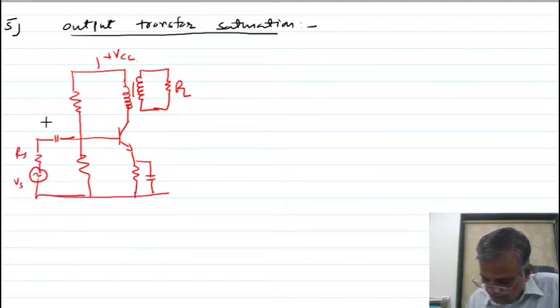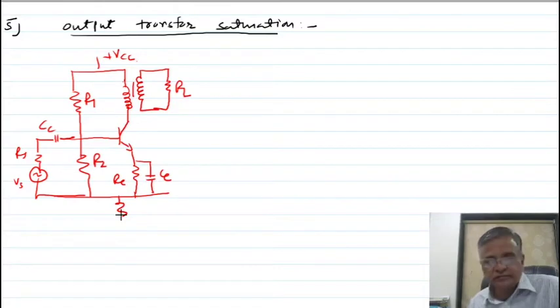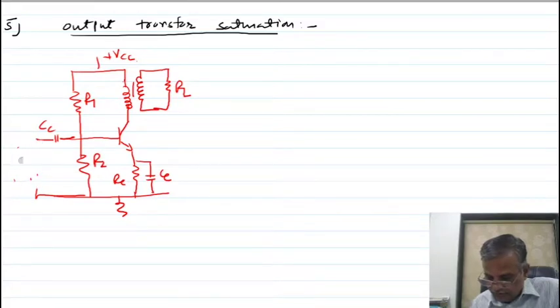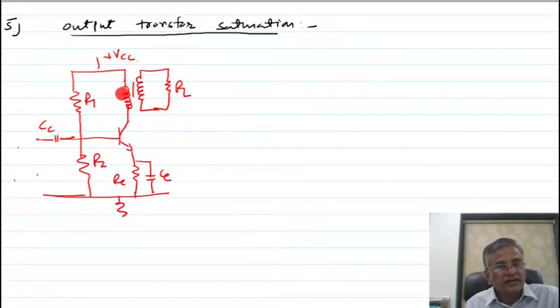Vs, Rs, coupling capacitor, R1, R2, Re, C and ground. When no signal is given, DC current is passing here. As DC current is passing, the primary coil will magnetize.